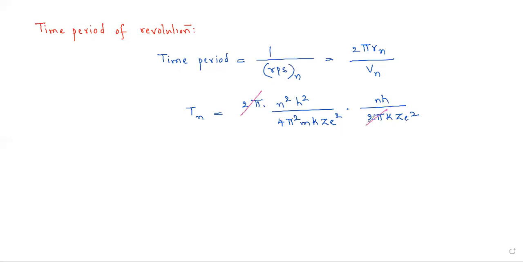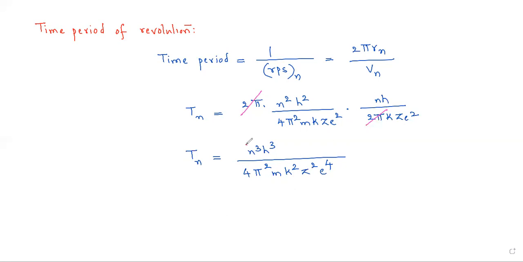Exactly opposite, reciprocal. So the time period of revolution in nth orbit is n cube h cube by 4 pi square m k square z square e to the power 4.